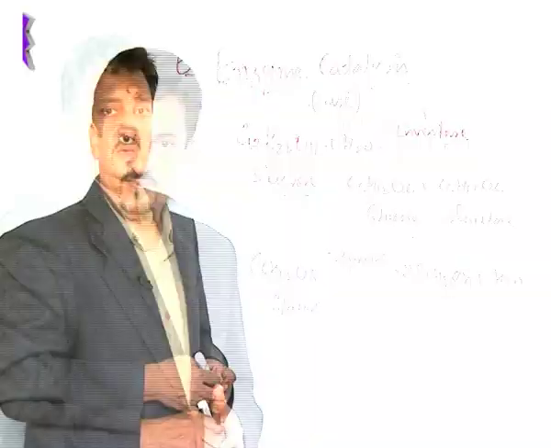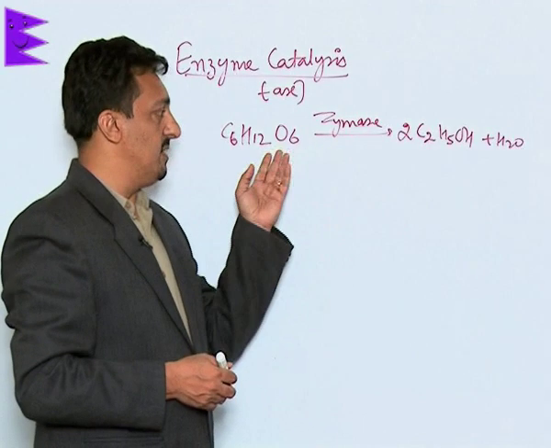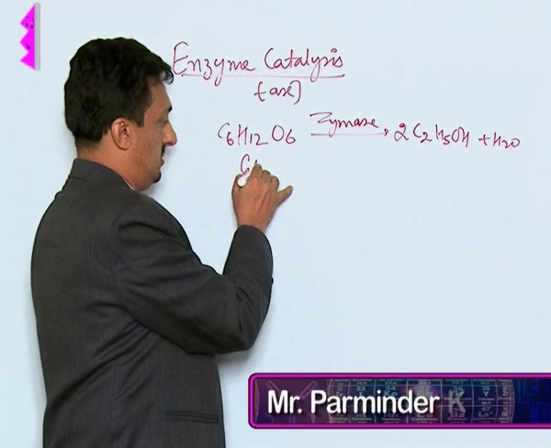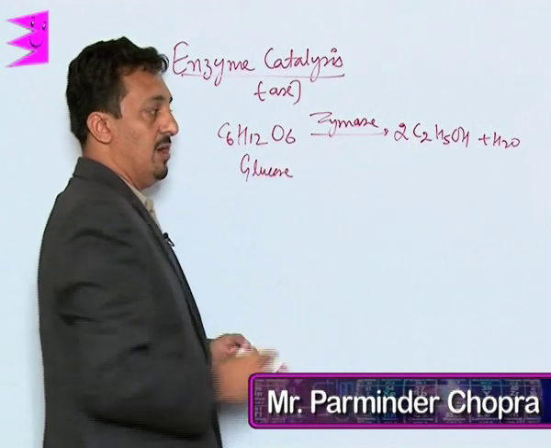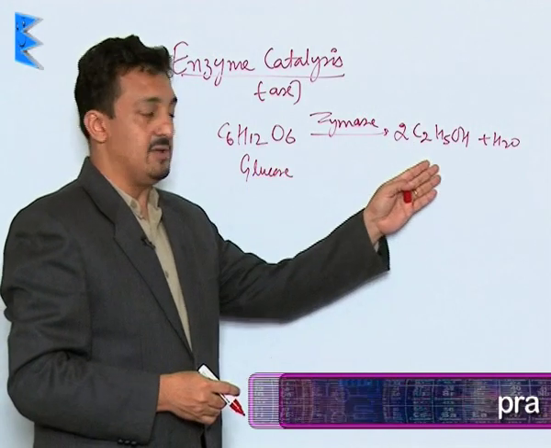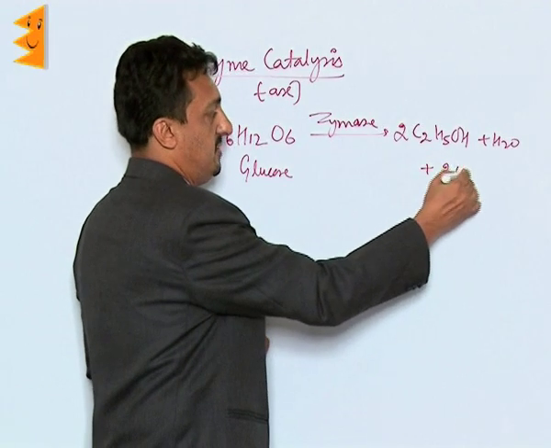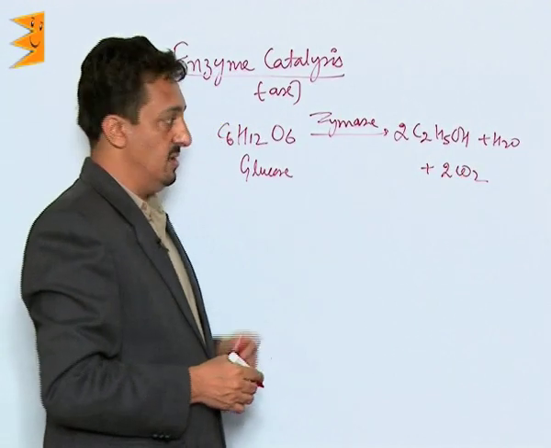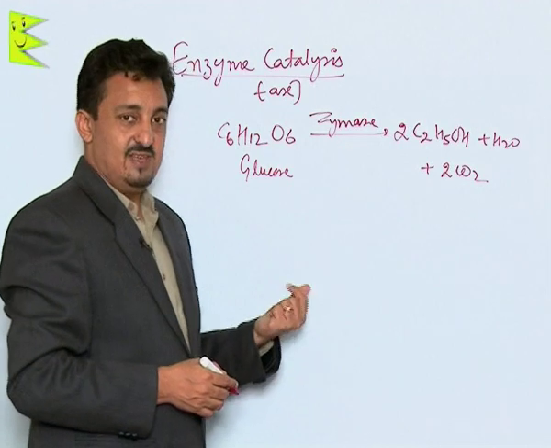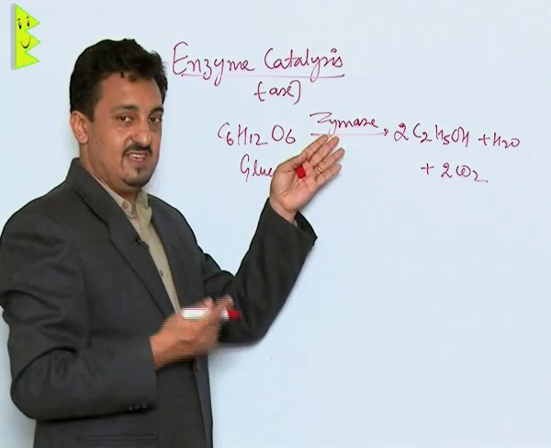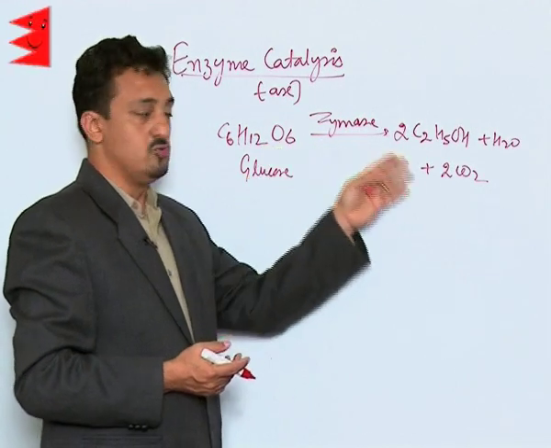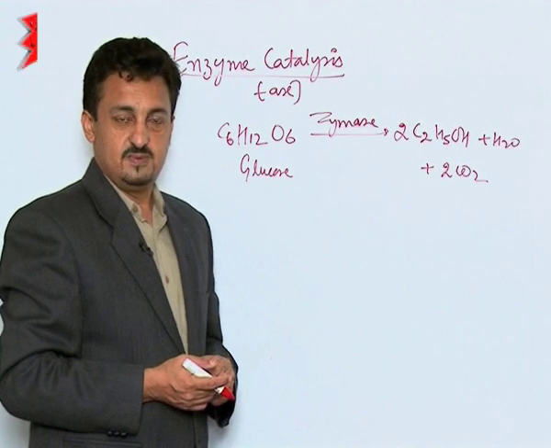Remember, along with the 2 molecules of alcohol, 2 molecules of CO2 also come out. So this is how the equation is balanced, and zymase is the enzyme converting glucose into 2 molecules of alcohol and CO2.